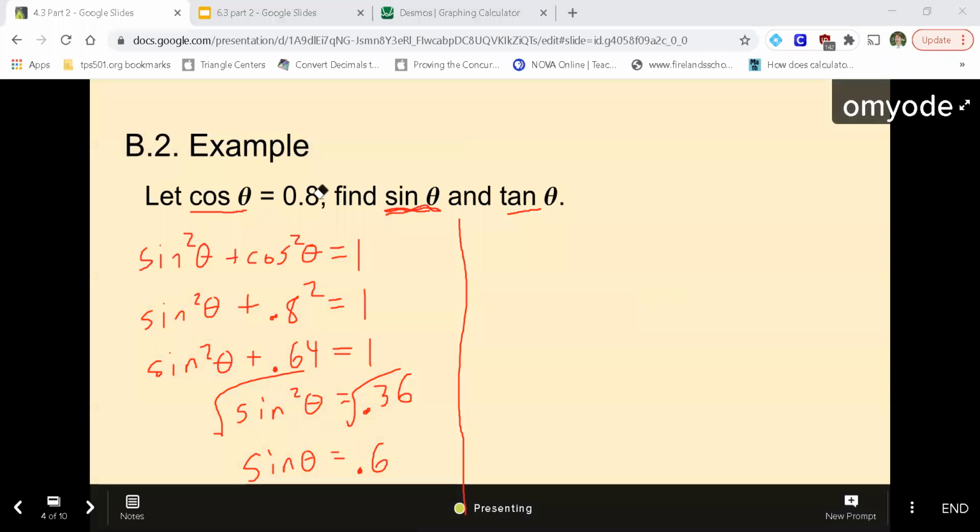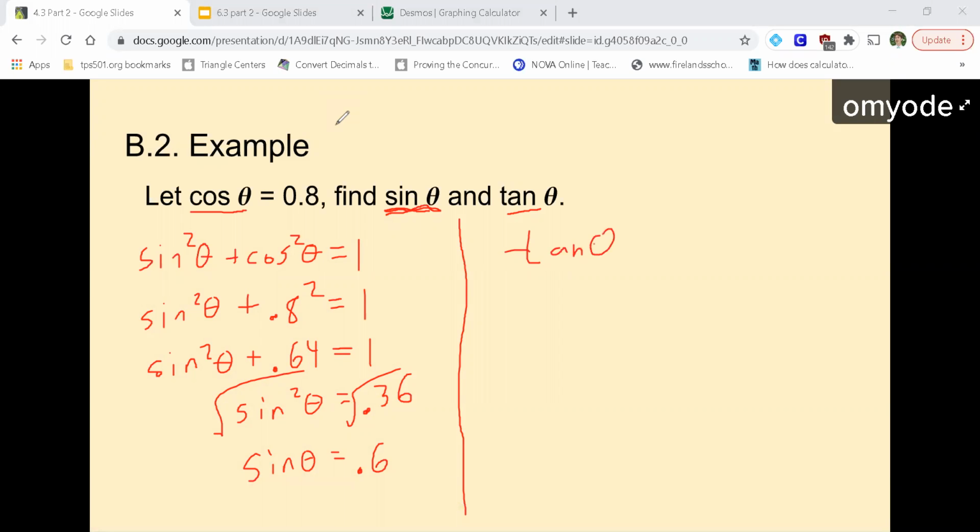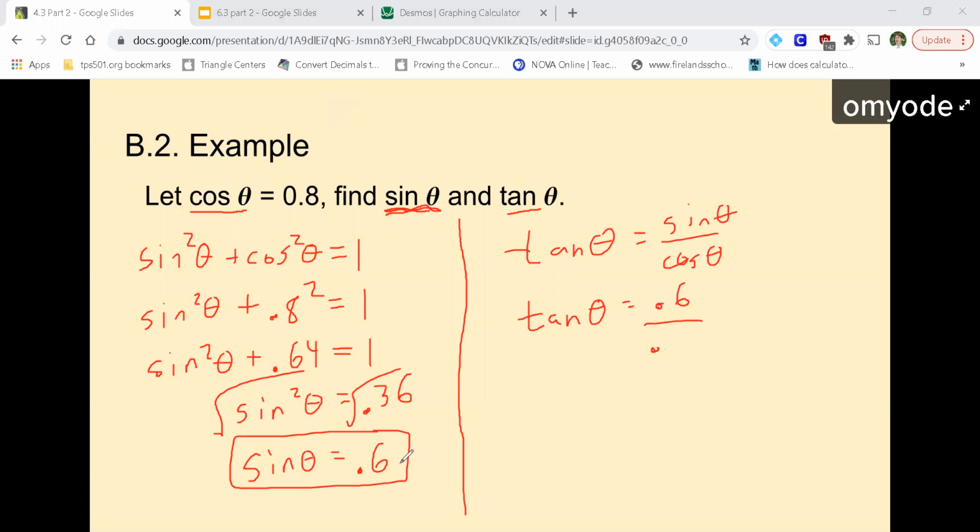So we can write that tangent is sine over cosine. So the tangent of our angle would be 0.6 over 0.8, which if you go ahead and divide through is 0.75.